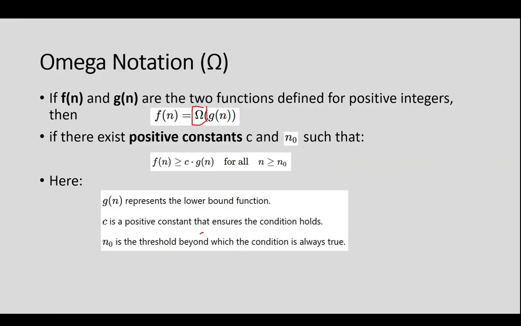So g of n represents the lower bound function, and c is the best constant that ensures that condition holds. And n naught is the threshold beyond which the condition is always true.